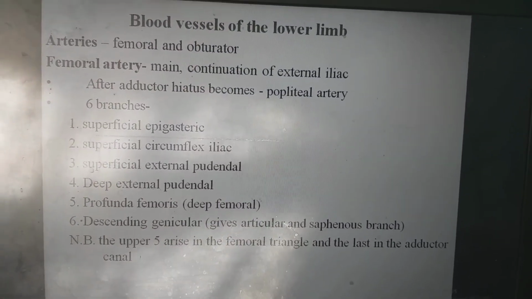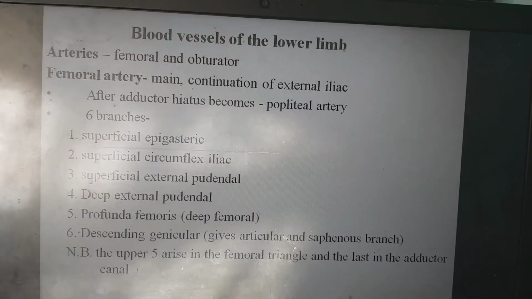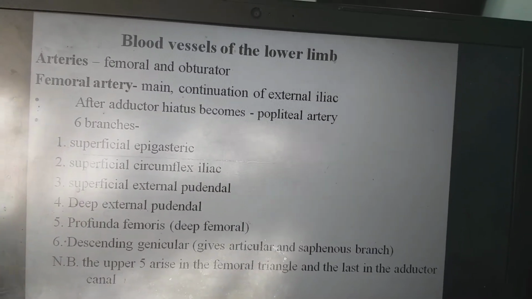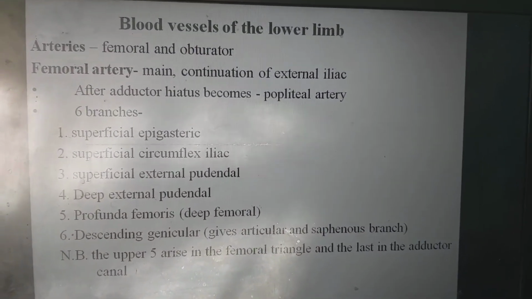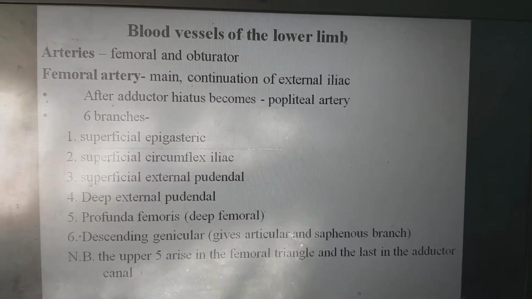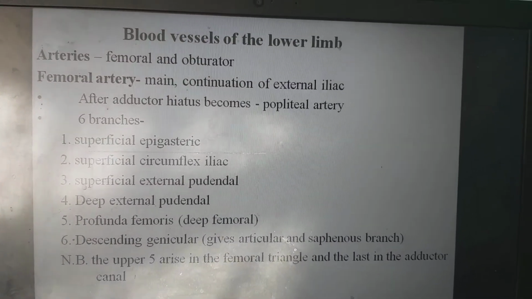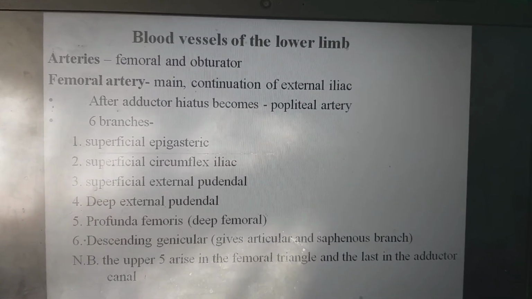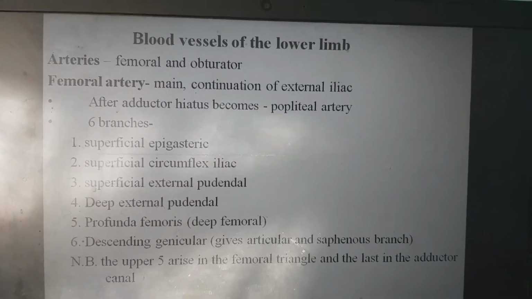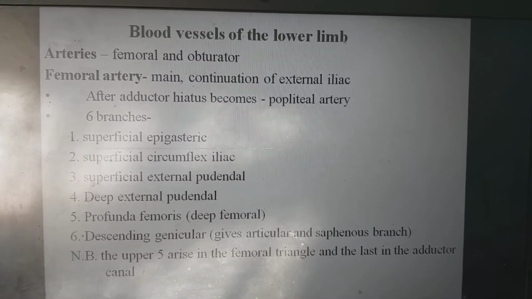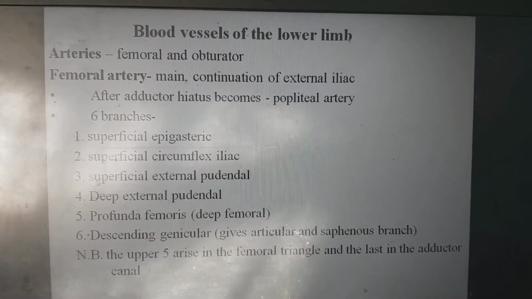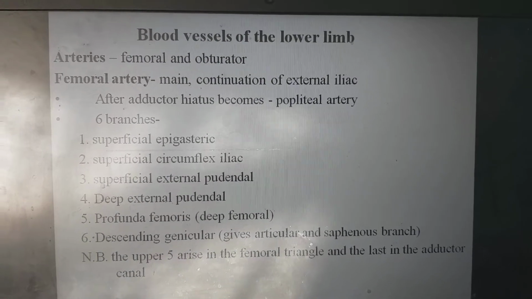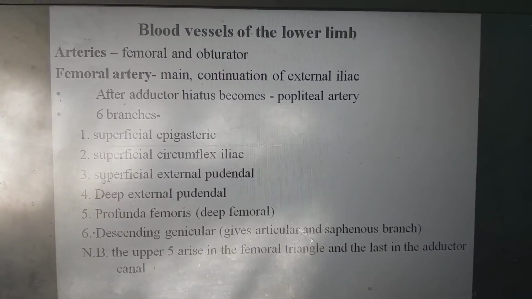Good. Blood vessels of the lower limb, or blood supply to the lower limb, come from where? Have attention. Last time we saw the blood supply of the upper limb. Blood to the body is from the heart. Then ascending aorta, arch of aorta, then descending aorta. From the arch of aorta, subclavian artery, then axillary artery, then brachial artery.